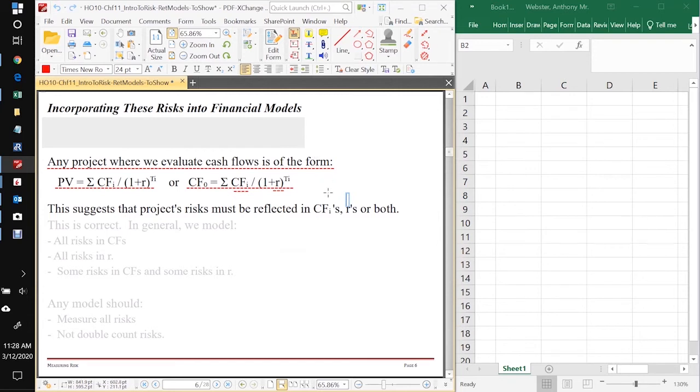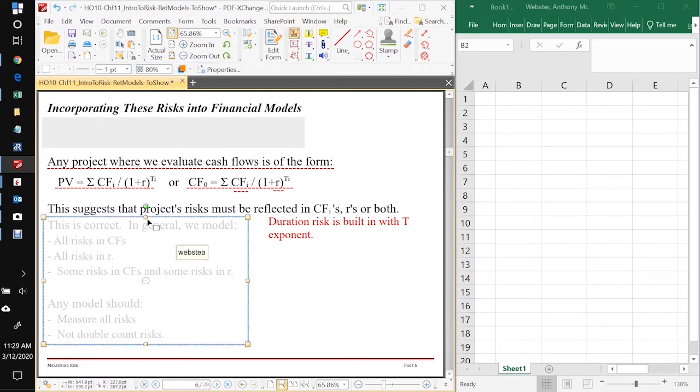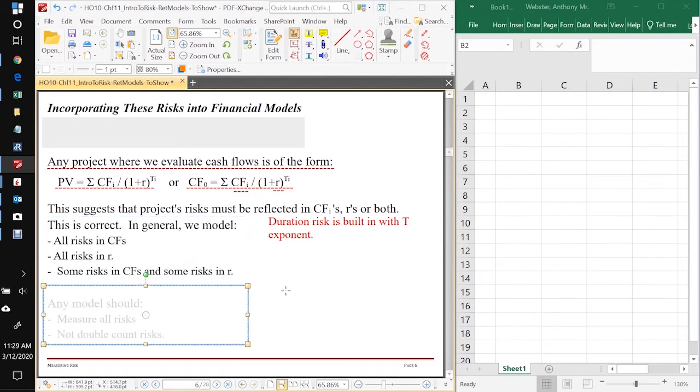And one other thing I'd like to throw in here, let me just throw in that duration risk is automatically built in with the t exponent. So that's kind of nice. So other than that, all of our risks are going to have to be reflected in our cash flows or our discount rates, our interest rates, or both. And that notion is, of course, correct.